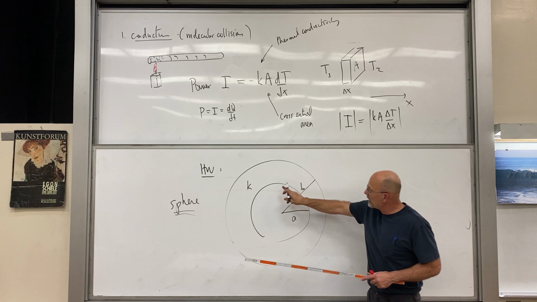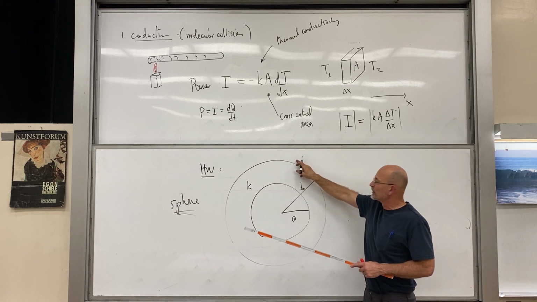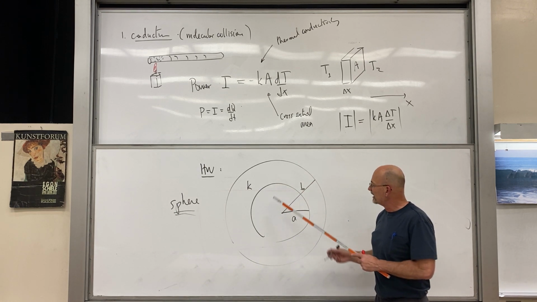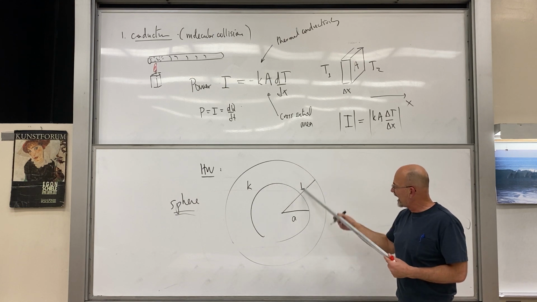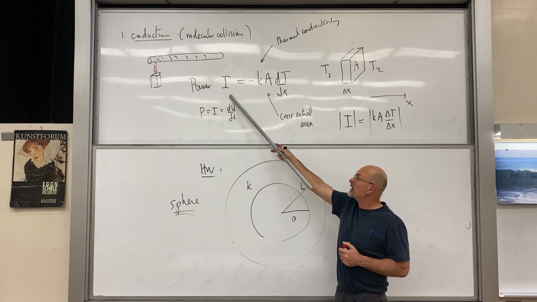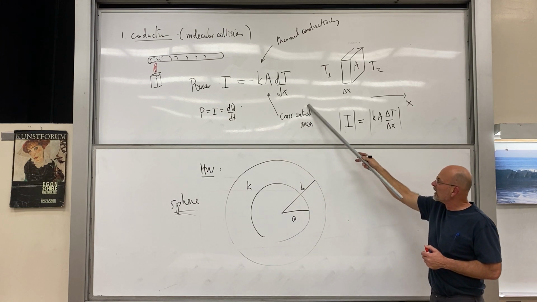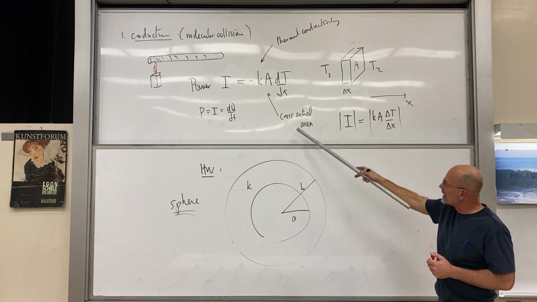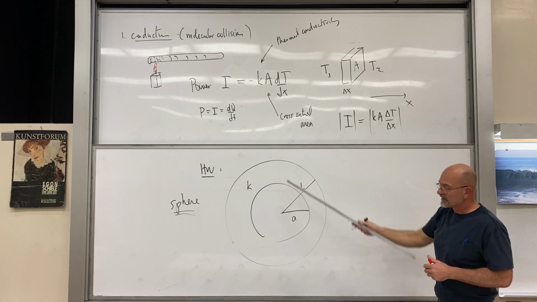If you have one temperature on the inside and one temperature on the outside, given these values, K, A, and B, what is the heat flux power through this thing? It's no longer a slab, but rather it's this sphere.